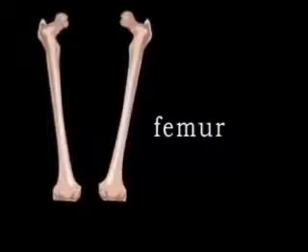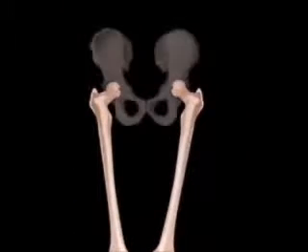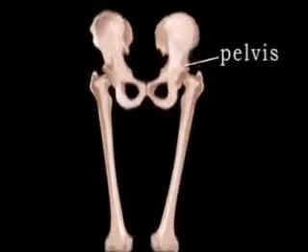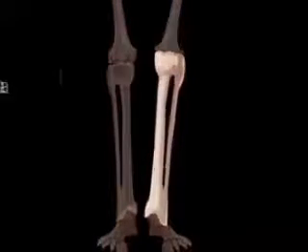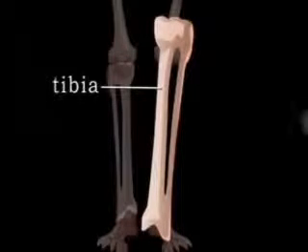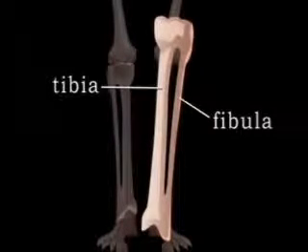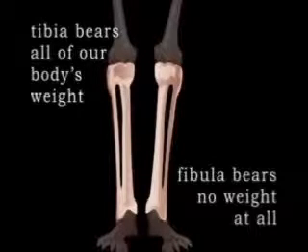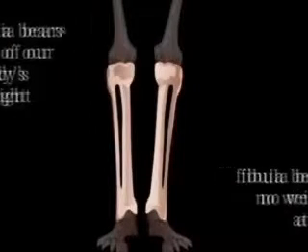The longest and strongest part of the skeleton is the femur. It is connected to the pelvis and to the tibia and fibula. The tibia helps keep balance, bearing all of our body's weight, and the fibula doesn't do that at all.